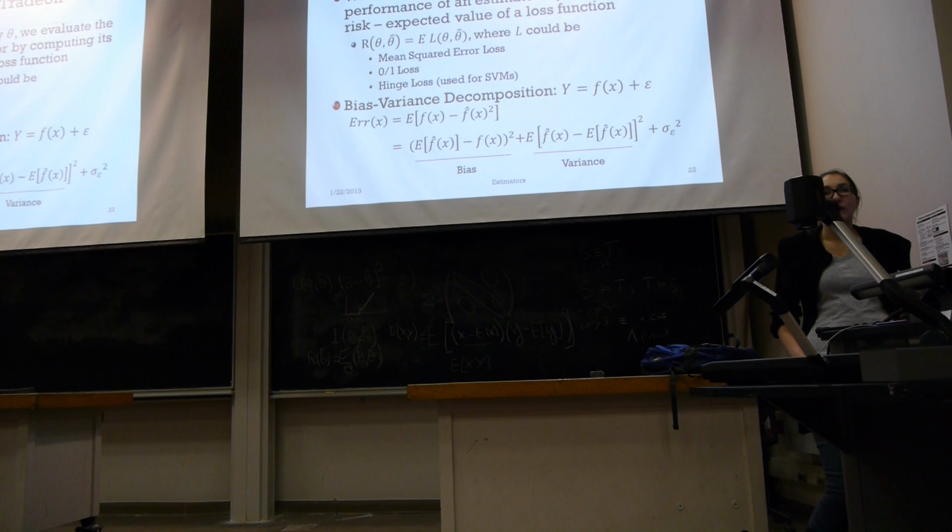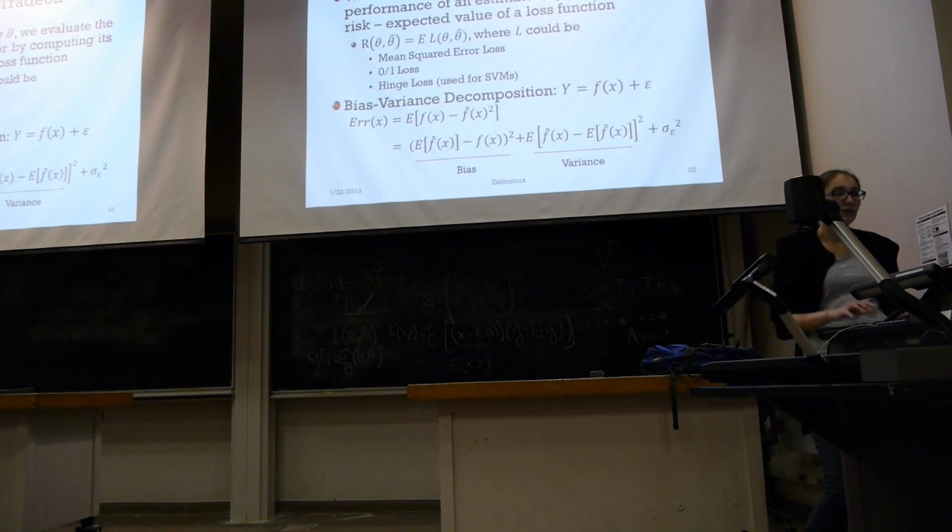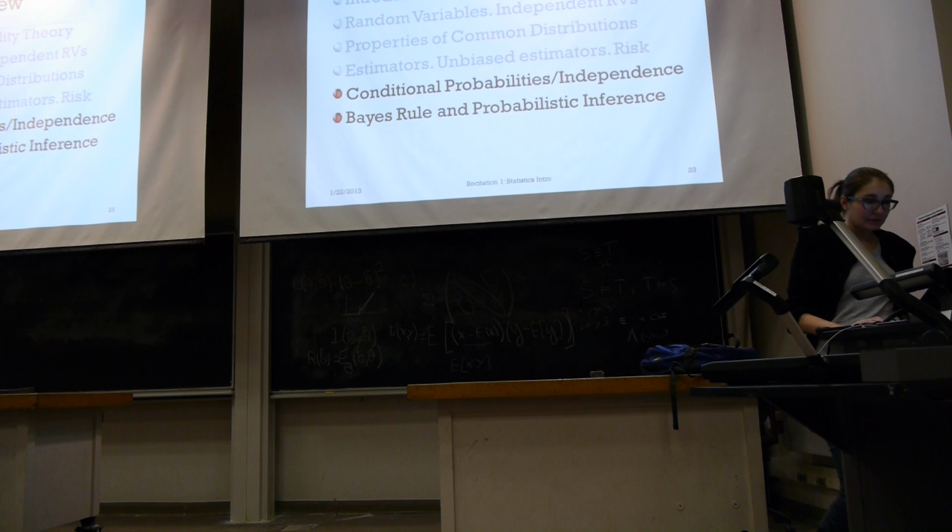On the other hand, its bias would be huge. Specifically, it would be mu squared, where mu is the thing we're trying to estimate. When I say bias, it's without that square. It's actually the absolute value of the difference. Questions so far? So we're done with estimators and risk for now.